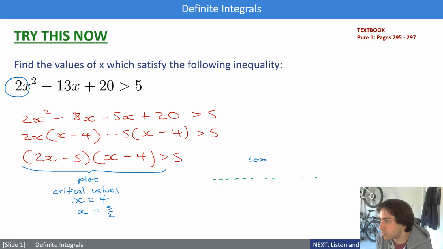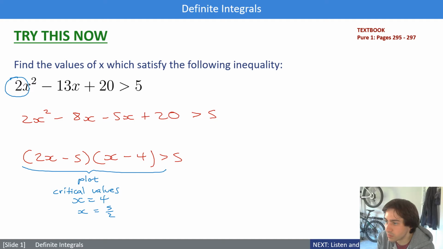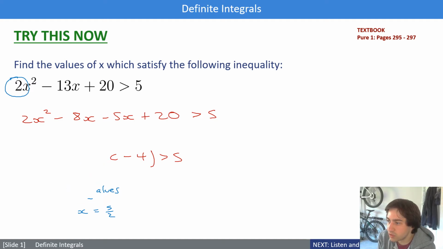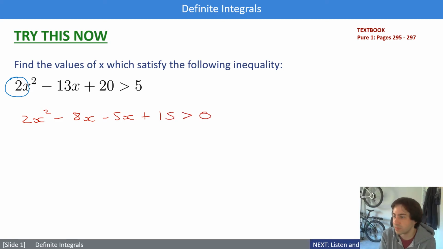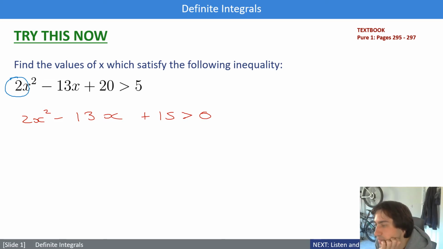So instead of solving the version with greater than 5 on the right hand side, let's instead straight away turn it into an inequality which is greater than or less than 0. So that means it becomes plus 15 here, and then it's greater than 0. And this is still minus 13x. Okay, so that's exactly the same question, isn't it? And then let's again factorize the quadratic.